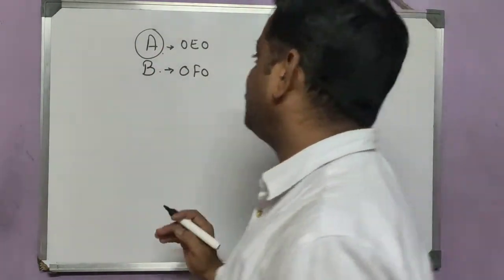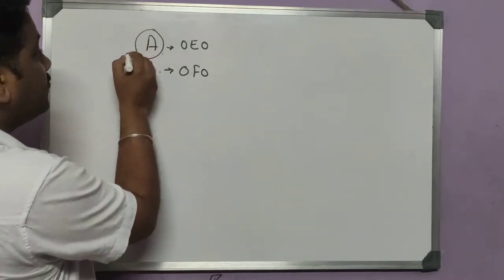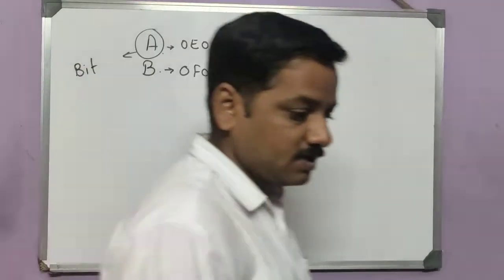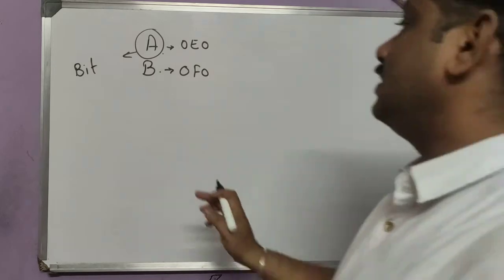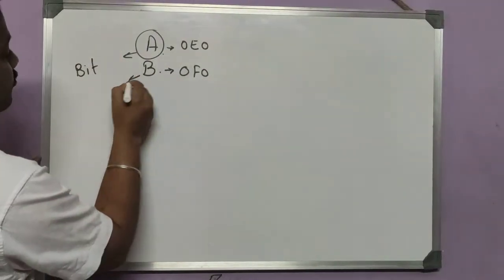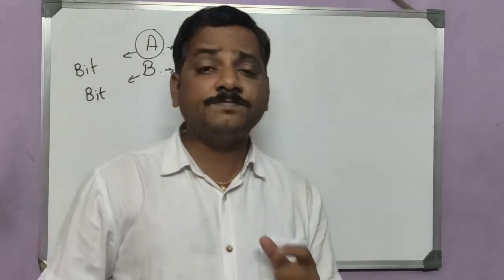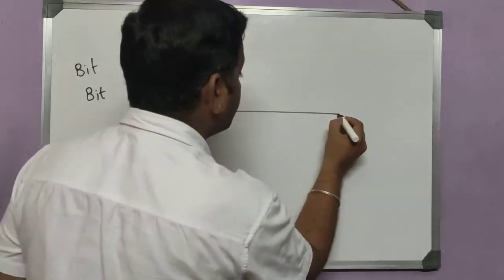One more important thing you need to understand about these registers is that the accumulator is a bit addressable register. Even register B is also a bit addressable register. It means both these registers are 8-bit.